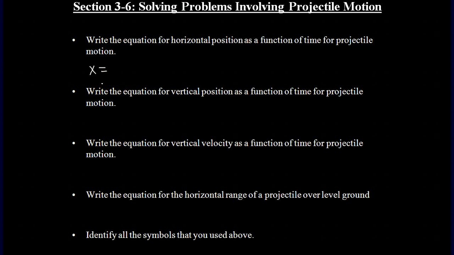So your horizontal position is going to be equal to the initial velocity in the horizontal direction multiplied by time plus the initial position of the ball, where it started in relationship to the starting point.